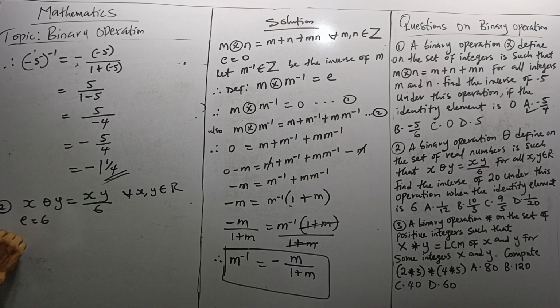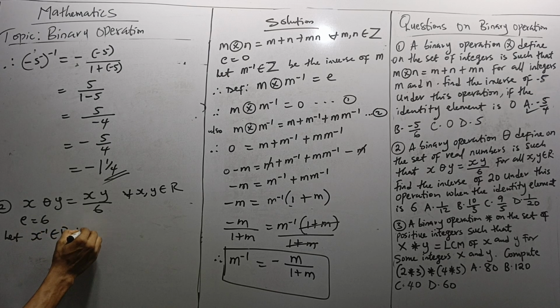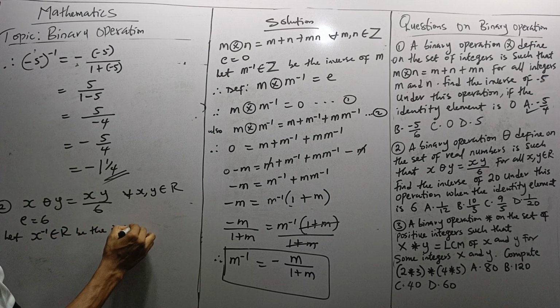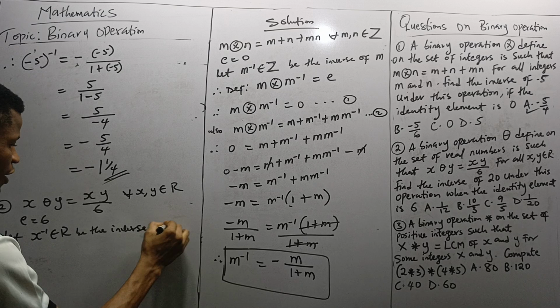So we can pick any one to be our inverse element. We can find the inverse of x or the inverse of y. What x represents, y also represents, because all of them are real numbers. So we can say let x inverse, which is also in R, be the inverse of x.